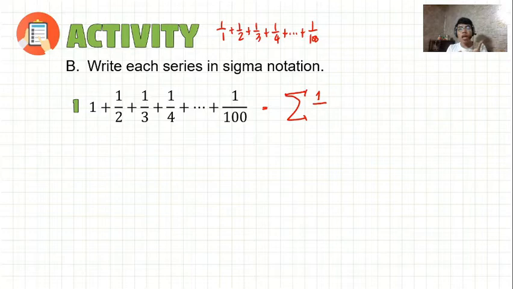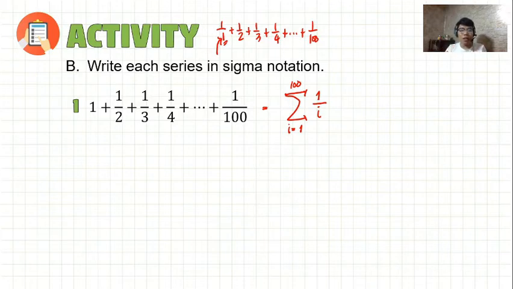Okay? Now, suppose our variable is i. Now, if we start at i equal to 1, because our numbers here start at 1. Right? So, therefore, to get this series, I will now have i here. Right? And your i should start at 1 and it must end at 100. Right? So, if that's the case, our sigma notation now is just the summation of 1 over i, where i runs from 1 to 100.